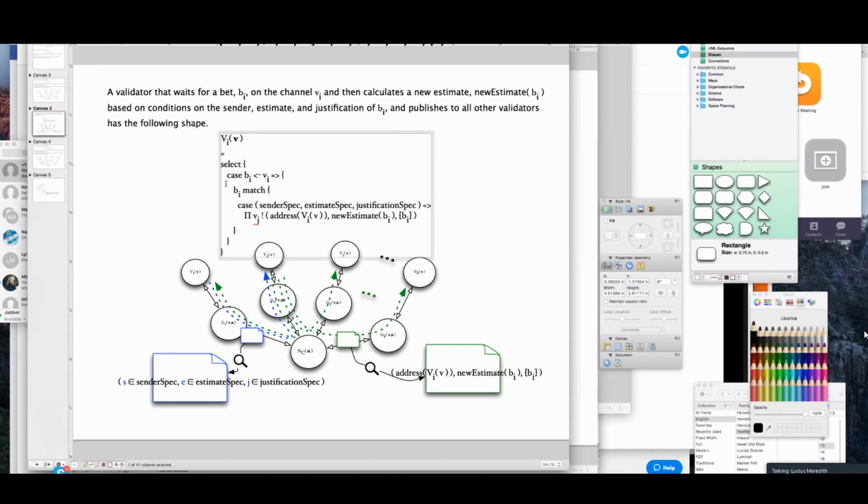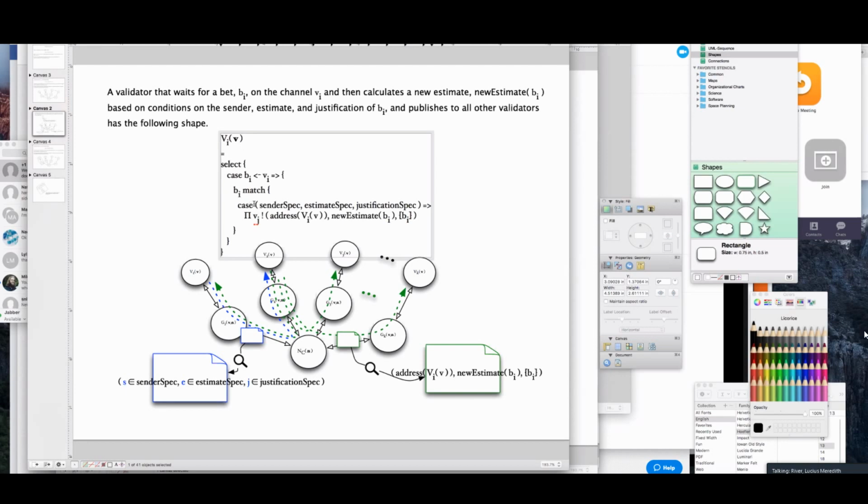This is a common linguistic construct in languages like ML, OCaml, Haskell, Scala. All you're doing is checking to see if this data structure, the instance of the data type that BI is, matches against some particular shape, right? So here we know that B.